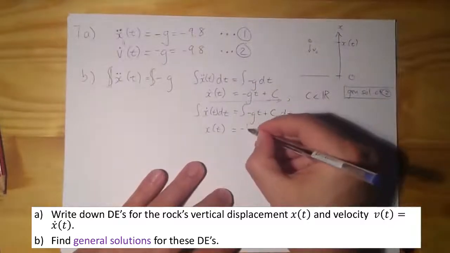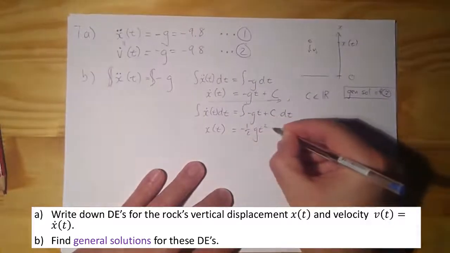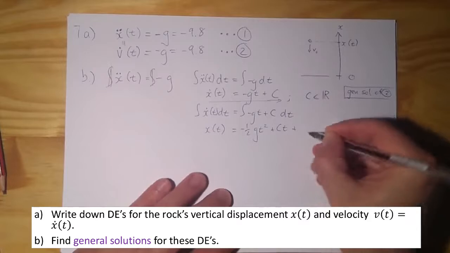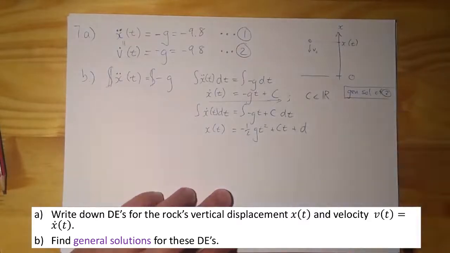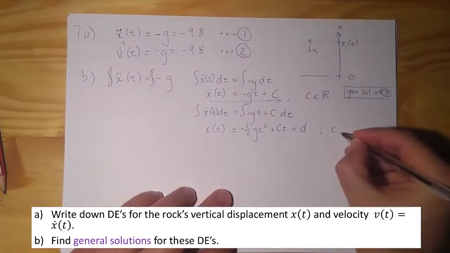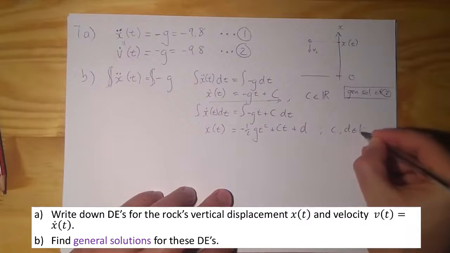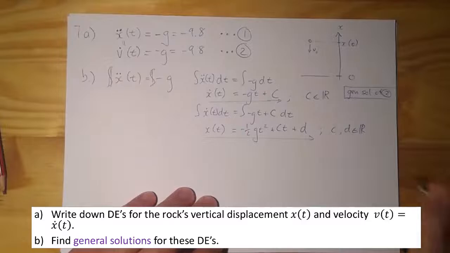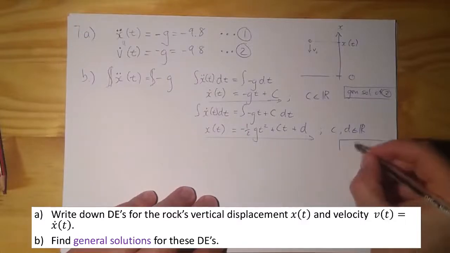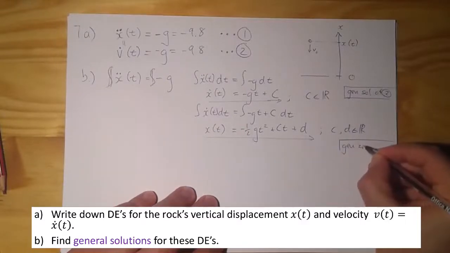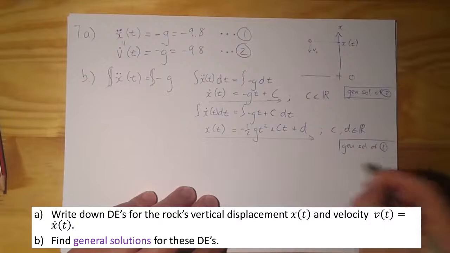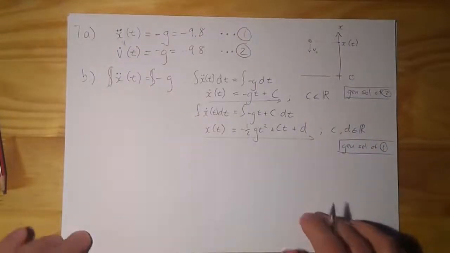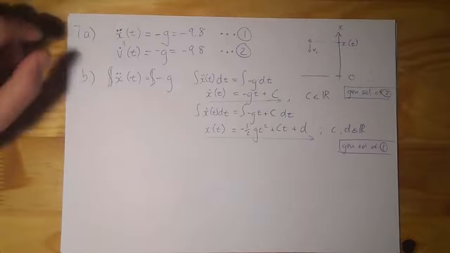And this will be minus a half g t squared plus ct plus d, where we now have two constants, c and d, that are real. And this is going to be the general solution of 1. Good. Okay, so simple as that.